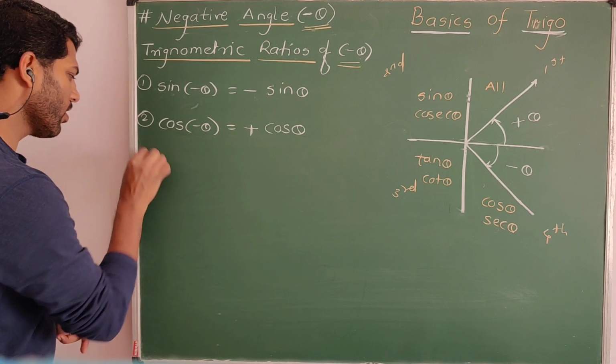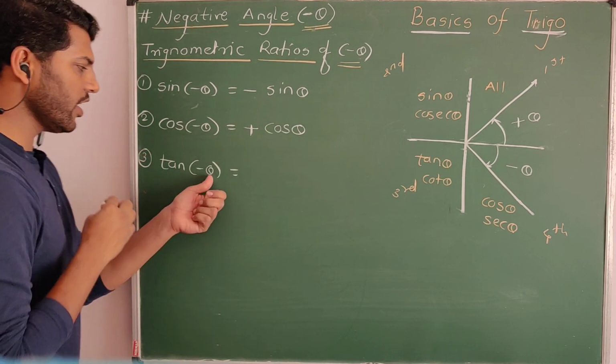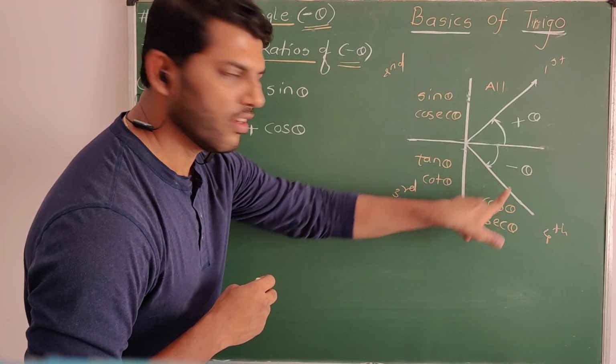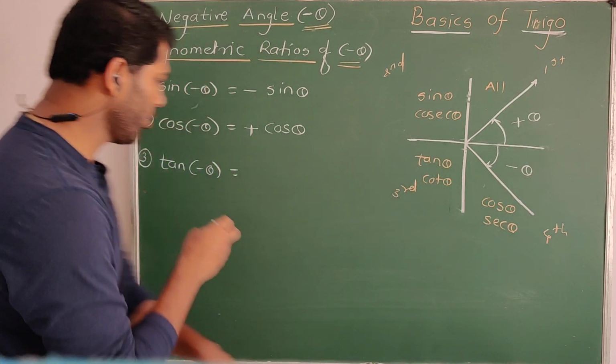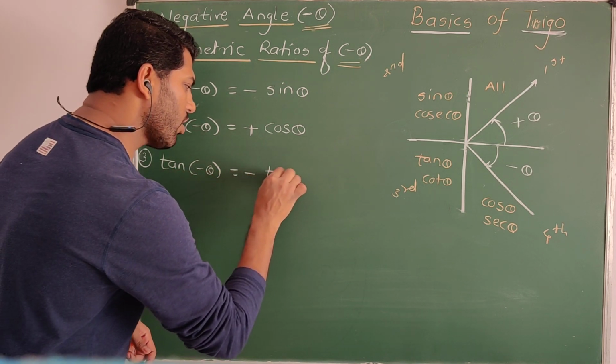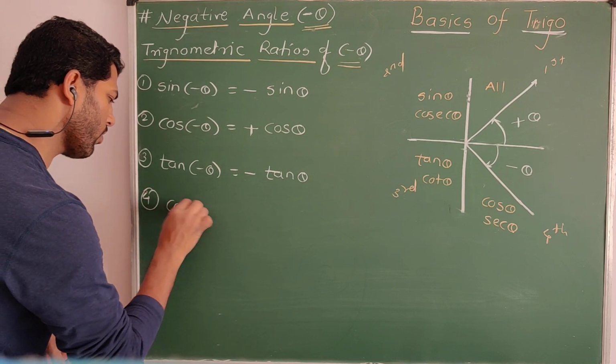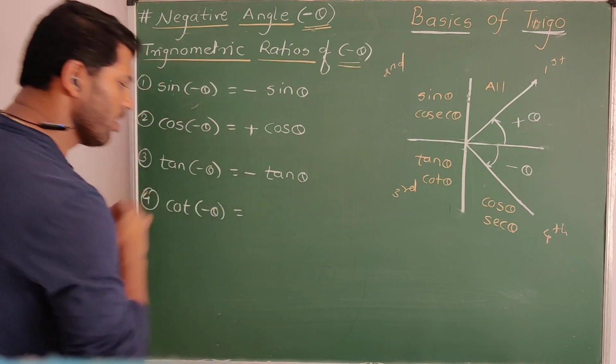So the third negative angle is tan of minus theta. Once again, minus theta, fourth quadrant. Cos and sec are positive, tan is negative. So the answer is minus tan theta. The fourth one is cot of minus theta.